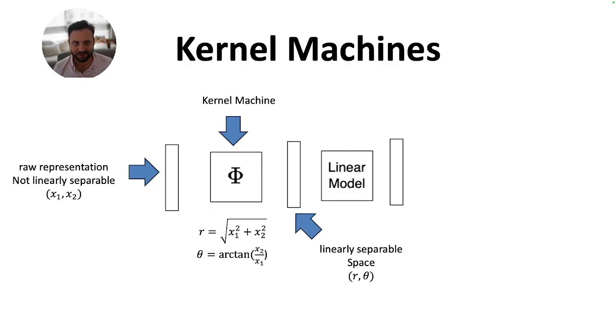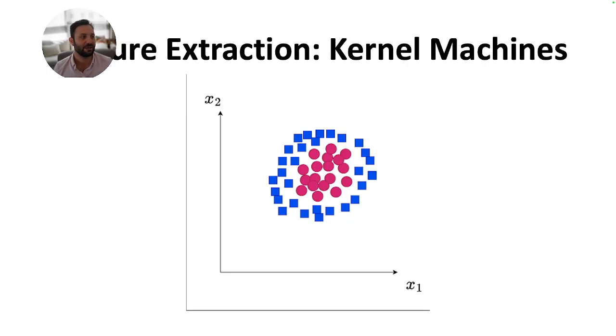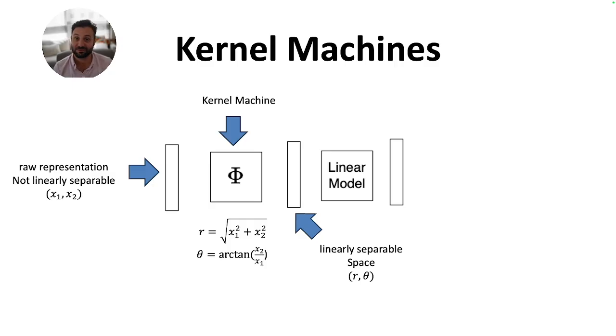And for this kernel machine, since what we presented was something circular, a smart kernel machine, which is represented with the Greek letter capital Phi, is getting the radius and theta, the angle.